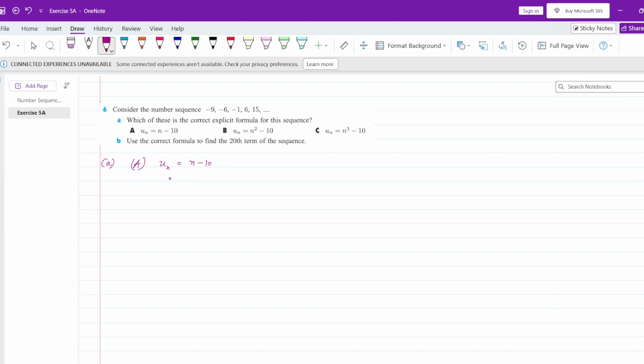So according to this formula, u1 must be 1 minus 10, that is -9. Is the first term of the sequence -9? Yes. Let's try the second term. u2 is going to be 2 minus 10, that is -8. Is the second term of the sequence -8? No. Therefore, this cannot be the formula.